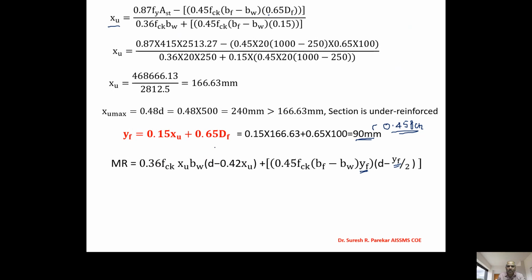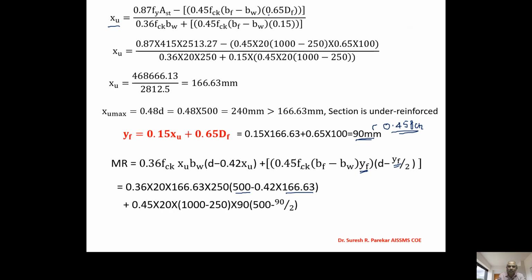Now we will substitute the values in this equation, which will give us the moment of resistance: 0.36 into 20 into 166.63 into 250, into 500 minus 0.42 into 166.63, and then the second portion plus 0.45 fck into (1000 minus 250), that is bf minus bw, into 90, which is the equivalent depth, into (500 minus 90 by 2). That will give us the value of moment, and that moment is 405.39 kilonewton meter.